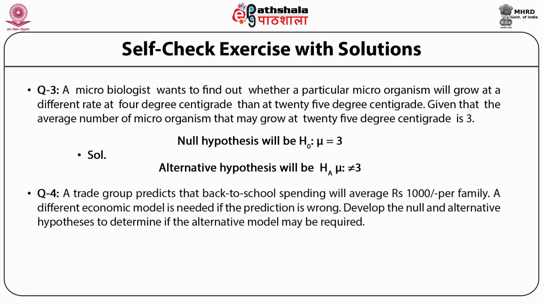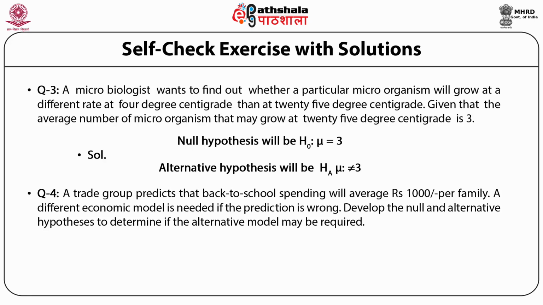A trade group predicts that back to school spending will average rupees 1000 per family. A different economic model is needed if the prediction is wrong. So now develop the null hypothesis and the alternative hypothesis to determine if the alternative model may be required.